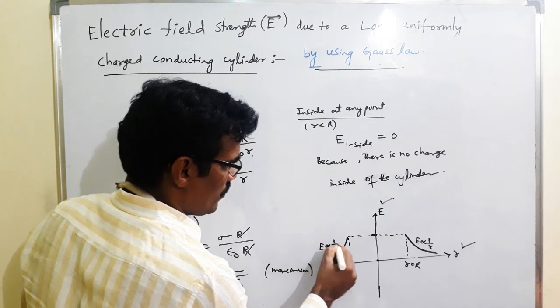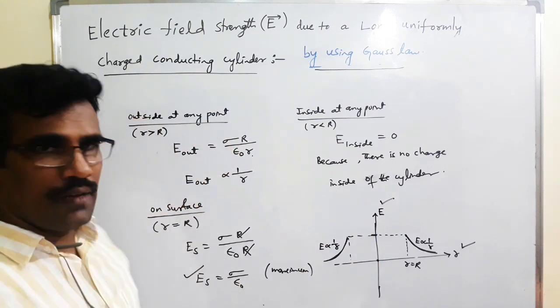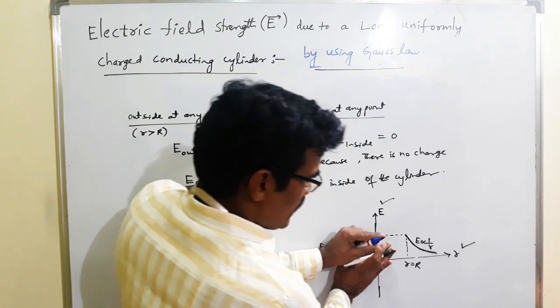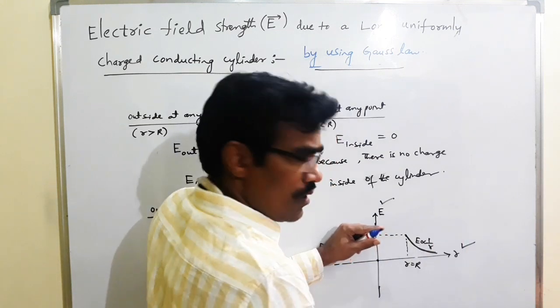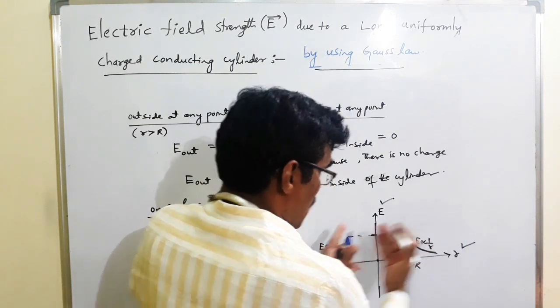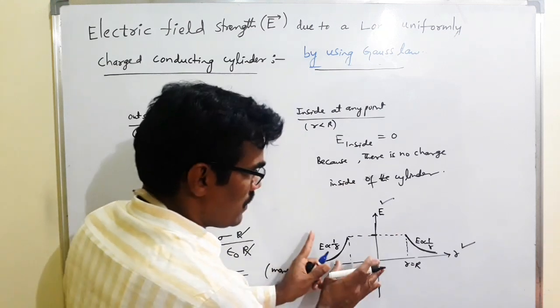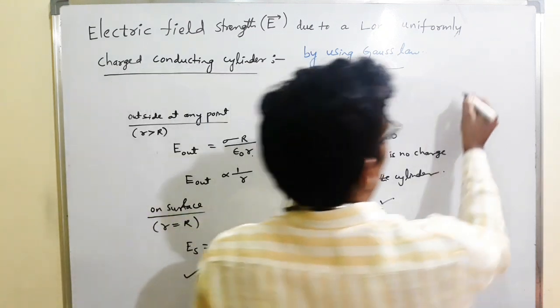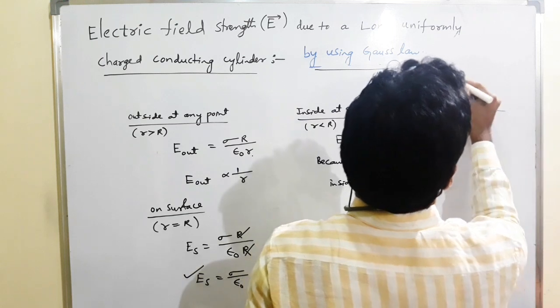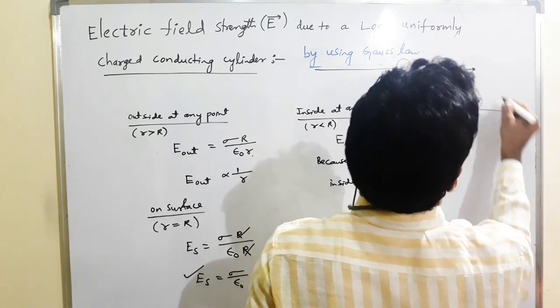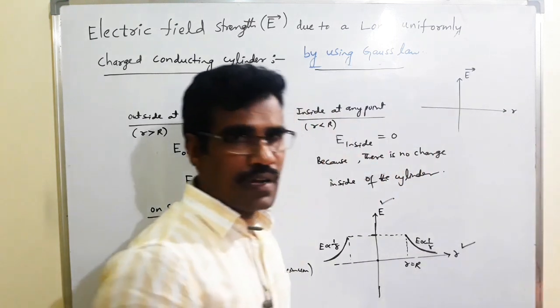E is proportional to 1 by r. Yes, this is the correct graph. Both left side and right side are mentioned magnitude-wise. This is correct. Then when a graph is drawn between E bar and r.